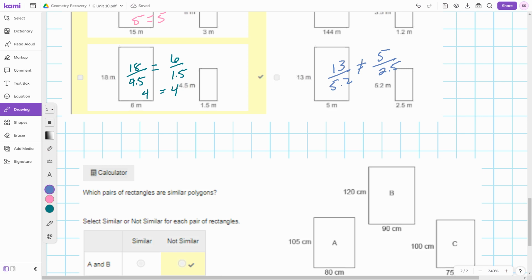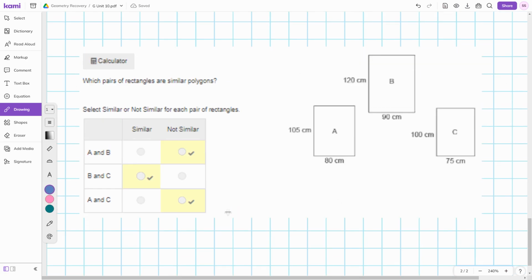Which pairs of rectangles are similar? Remember, we're looking for proportionate sides. So with my calculator, I'm comparing 105 to 120, right? And I'm going to see if it's equal to 80 over 90. Maybe I'll change this color so you all can see what I'm doing.